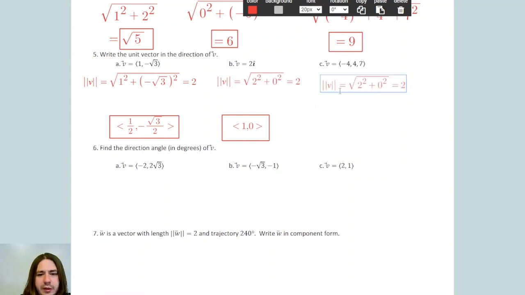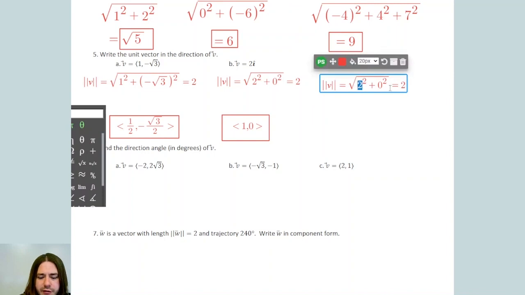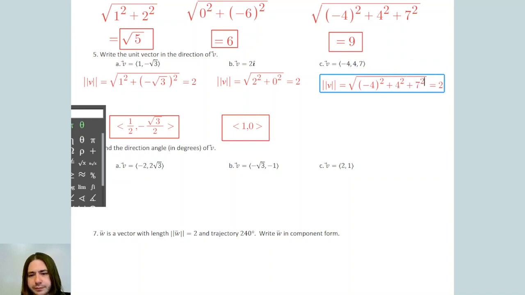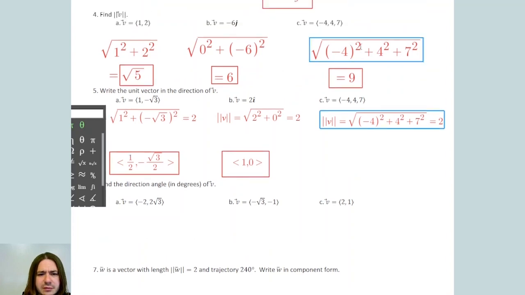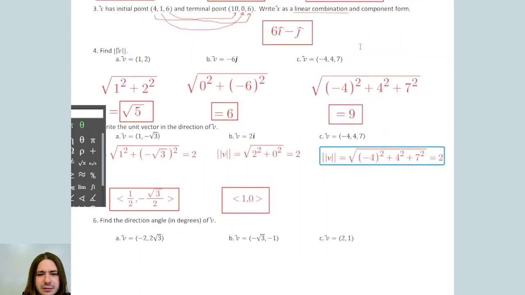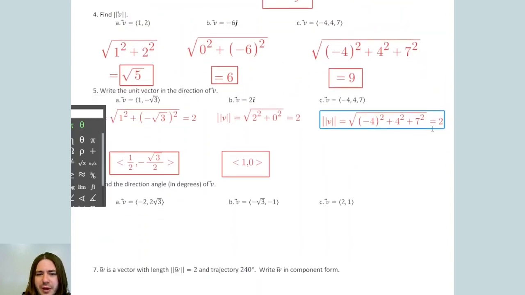So this one would be the square root of negative 4 squared, which is really the same as 4 squared, plus 4 squared plus 7 squared. So let's see, we got 16 and 16 and, oh wait, we already did that one. Oh yeah, it's this one right here. Okay, so we already did that calculation, it just comes out to 9.